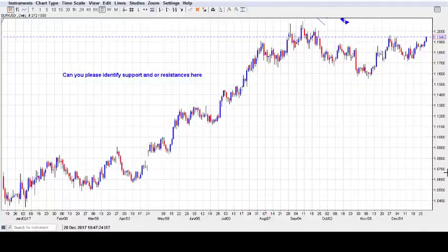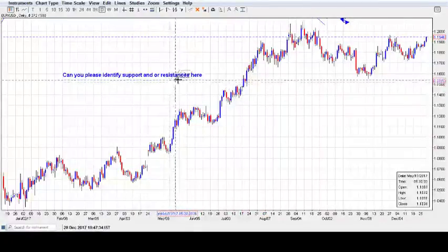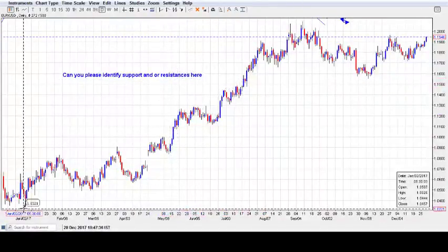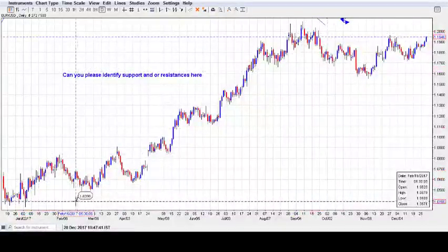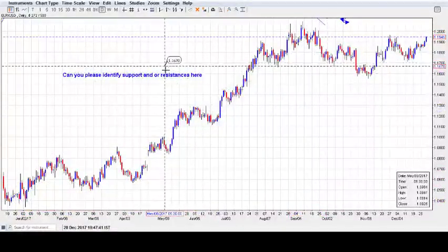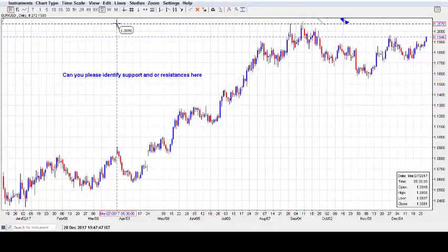Okay, but for now on this particular chart, let's identify potential support and or resistances. Now to confuse, I always use this resistances term, but it should be very clear by now that it's a rising market. So we are not focusing on the resistances part. Let's identify the supports.